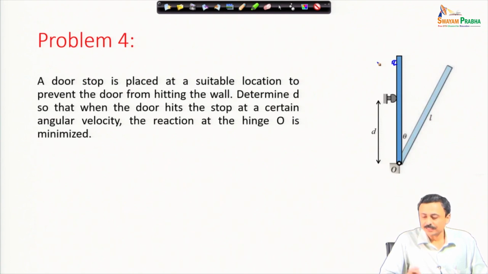Okay, so it is to prevent the door from hitting the wall. Determine d, the distance is shown, this distance d, where the stop has to be put. Determine d so that when the door hits the stop at a certain angular velocity, the reaction at the hinge O is minimized.